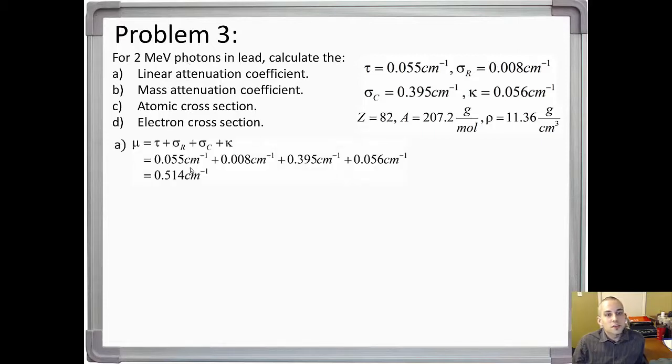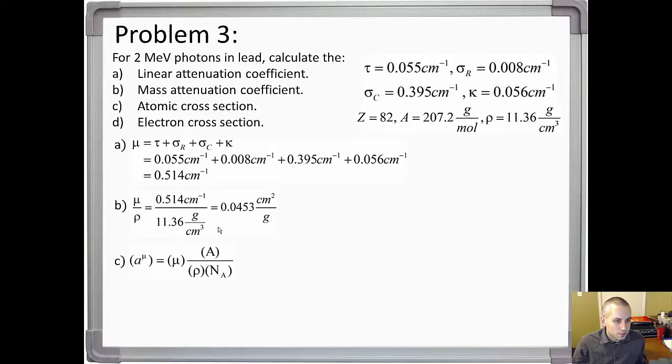Essentially, all you're doing is adding up all the different coefficients. For the mass attenuation coefficient, you're just taking that linear attenuation coefficient and dividing it by the density. Now for atomic cross-section, it's a little bit trickier. This is a formula you want to memorize, but you may be more familiar with it in a different rearranging.